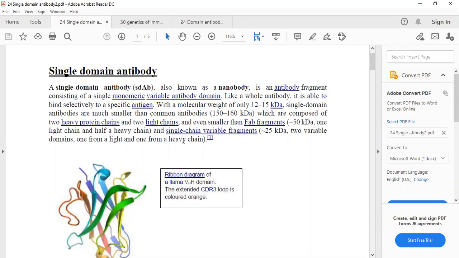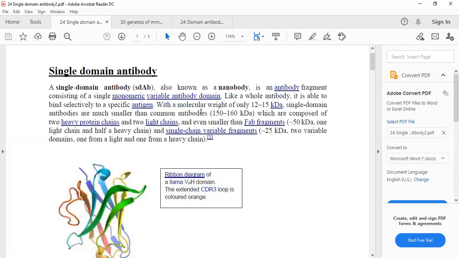But in the single domain antibody, which is also known as the nanobody, we are using a DNA fragment of only a single monomeric domain. That domain may be either a light chain or a heavy chain, not the mixture of both. Only either light chain or heavy chain will be used for the construction of a complete antibody.